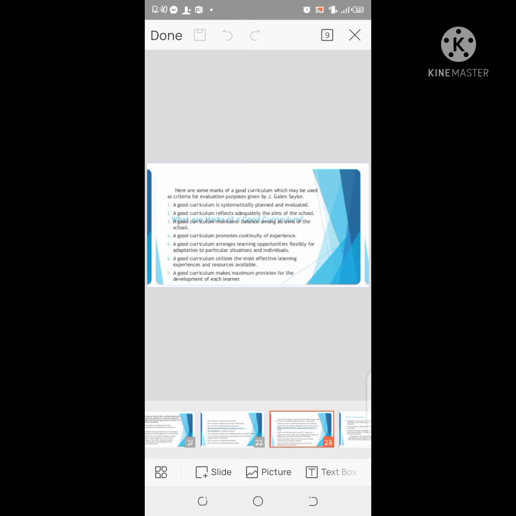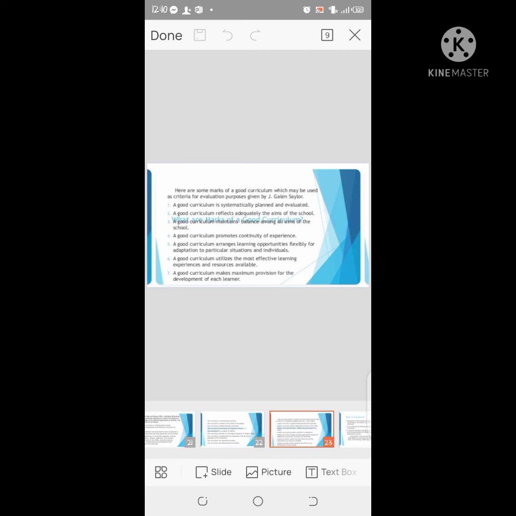So first we have, a good curriculum is systematically planned and evaluated. Then, a good curriculum reflects adequately the aims of the school. Then, a good curriculum maintains balance among all aims of the school. Then, a good curriculum promotes continuity of experience.